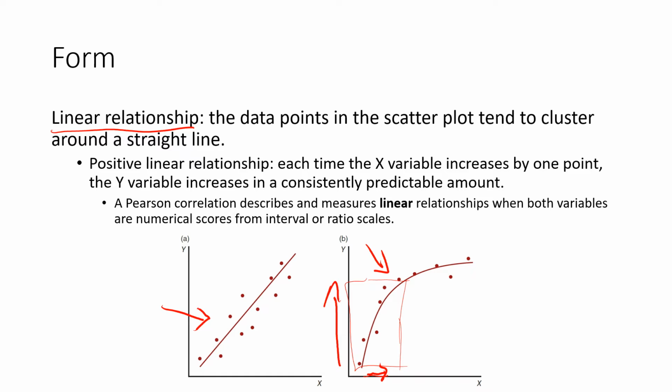But then as you get more towards the end, x increases a lot, but y is only increasing a little bit. So it's where the relationship isn't consistent. Now, for the most part in here, we're just going to talk about linear relationships. Most of statistics only talks about linear relationships. Curvilinear relationships are much more difficult to deal with.